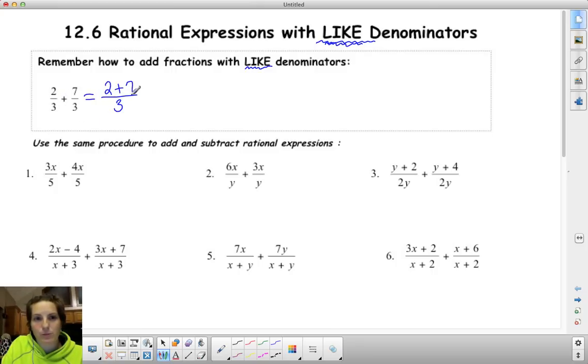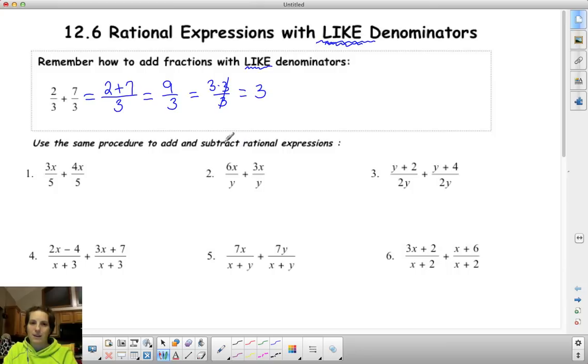So we would do 2 plus 7 so that we would get 9 thirds as our answer. And if we could simplify, we would. So we would say that 9 would become 3 times 3 over 3. Notice I'm prepping us for our next step so that we get an answer of 3.